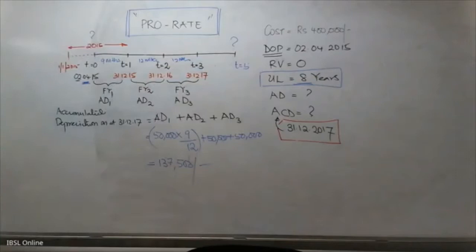Now, what would happen? What would be the answer? If you apply that policy to this particular question, what would be your accumulated depreciation as at 31st December 2017?